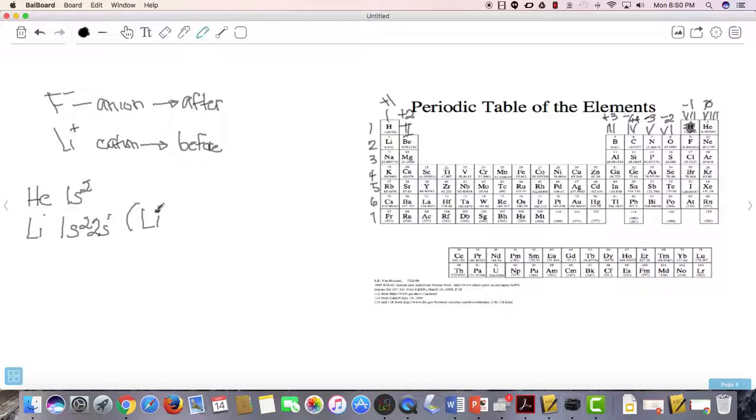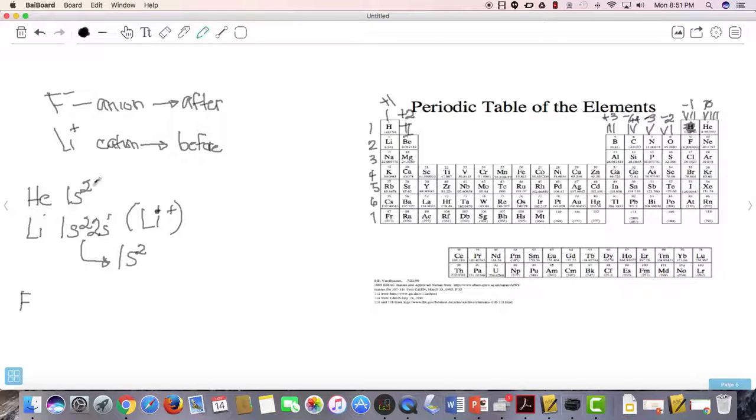That means that it loses 1 electron. This electron is lost from the valence shell. So when we write the electron configuration for lithium ion, it's going to be 1s2. And what noble gas does that look like? It looks like helium.